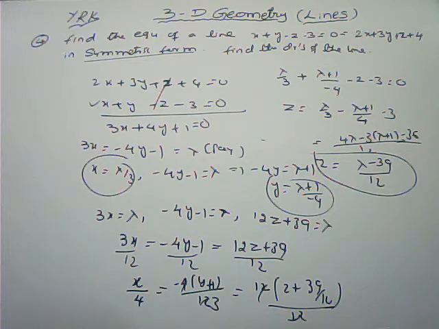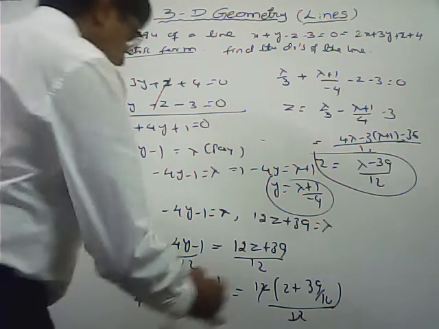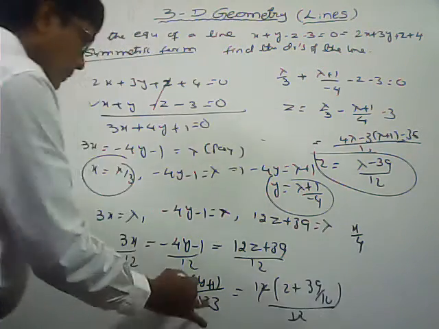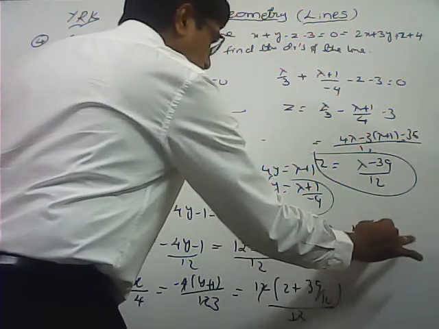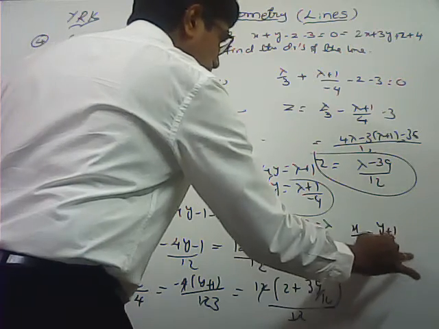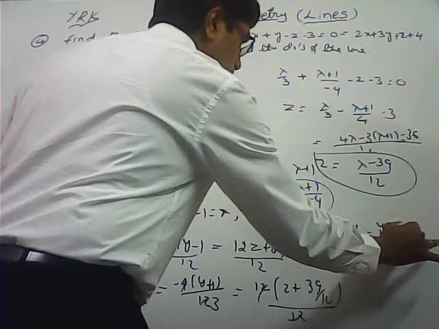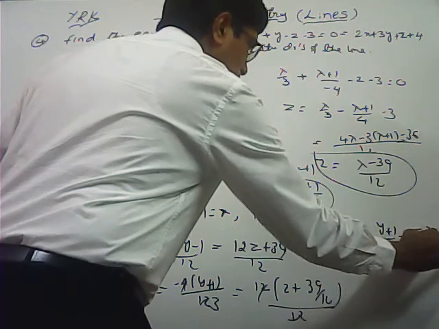So here what we are getting: x by 4 is equal to y plus 1 by minus 3, that is equal to z plus 39 by 12 by 1.